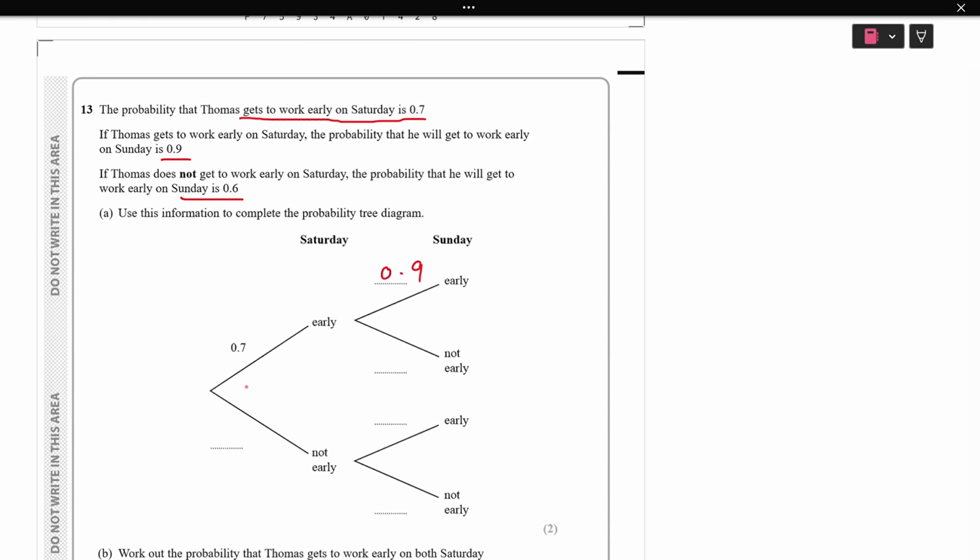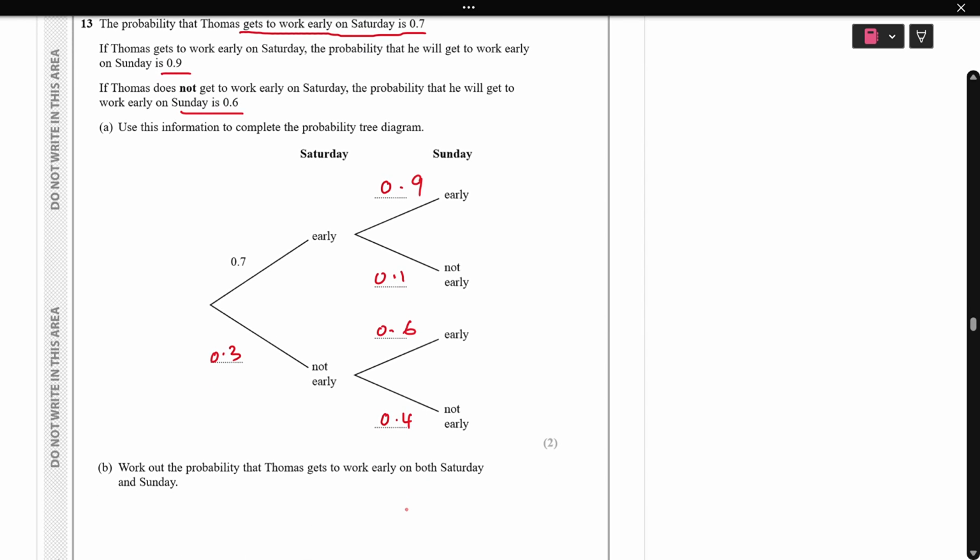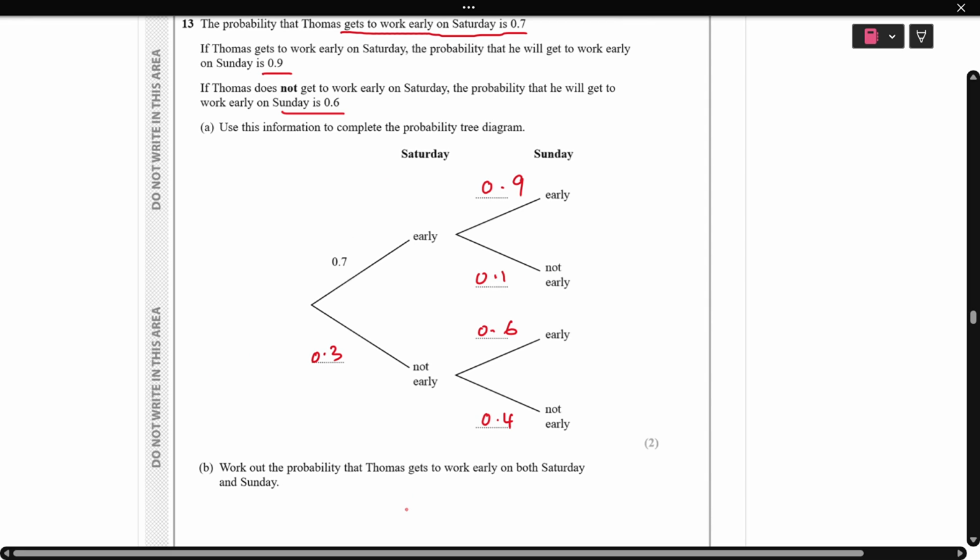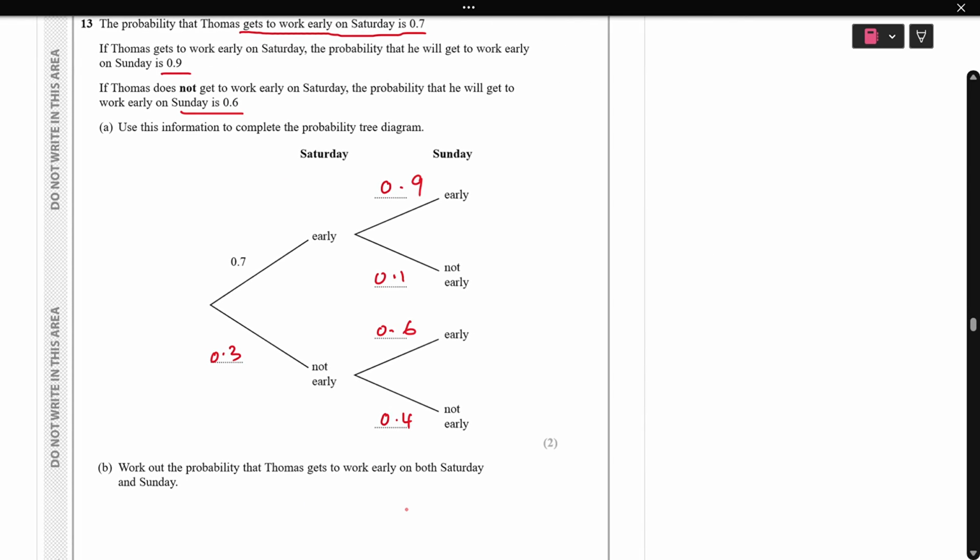So here is 0.7, here must be 0.3, and here is 0.9, here must be 0.1. If he does not get up early on Saturday, this one is going to be 0.6, so here is 0.4.